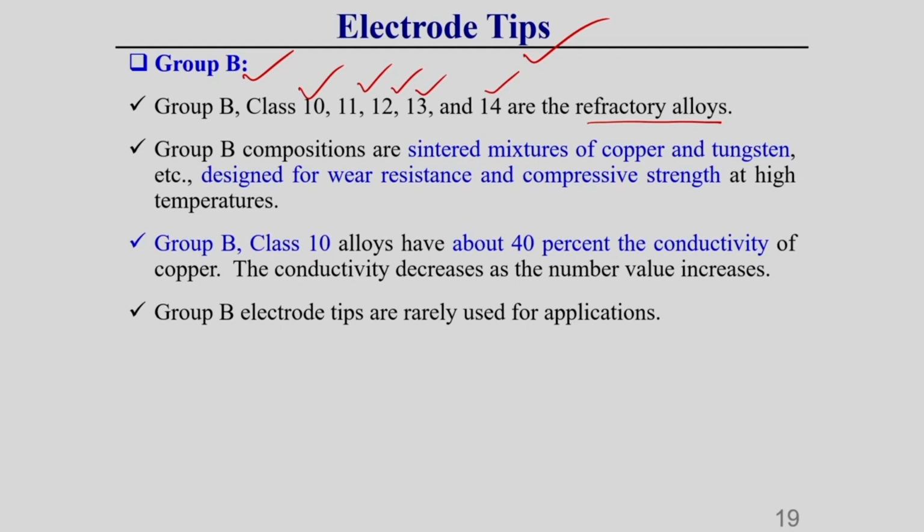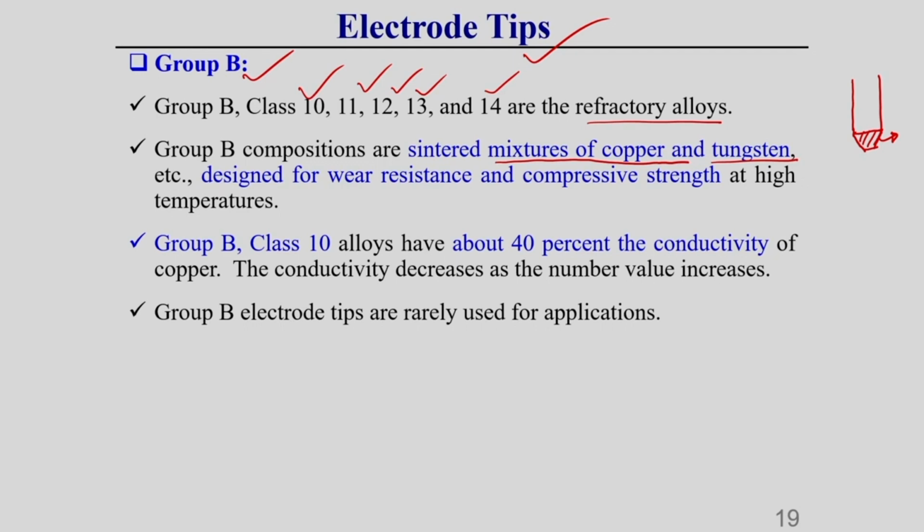Generally the Group B composition is a sintered mixture, that means powder of copper and tungsten composition. By this, the electrode tip is made. You see, this is the electrode, you know. This electrode tip is made using this copper and tungsten sintered mixture.